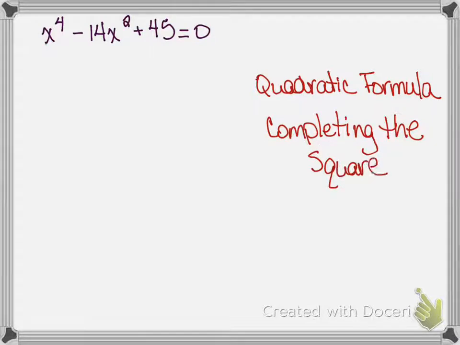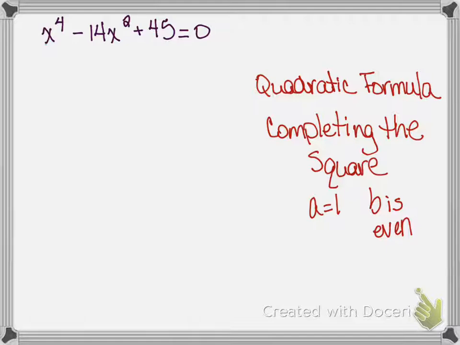Okay, I personally like to use the completing the square method when my A value is equal to 1 and my B value is even. Completing the square is pretty quick and painless when your A value is 1 and your B value is even.